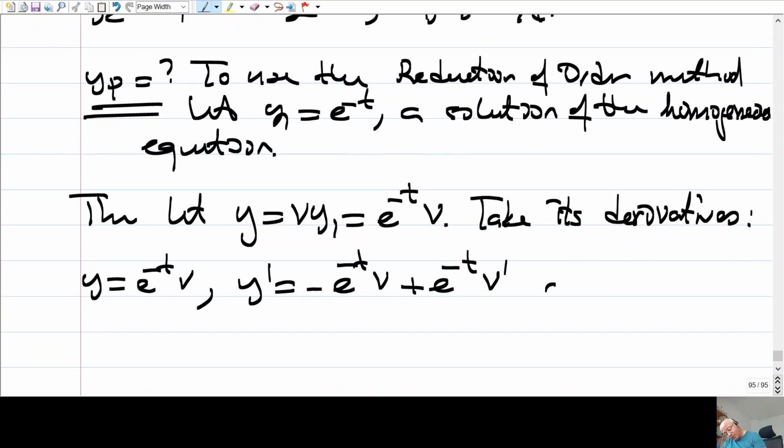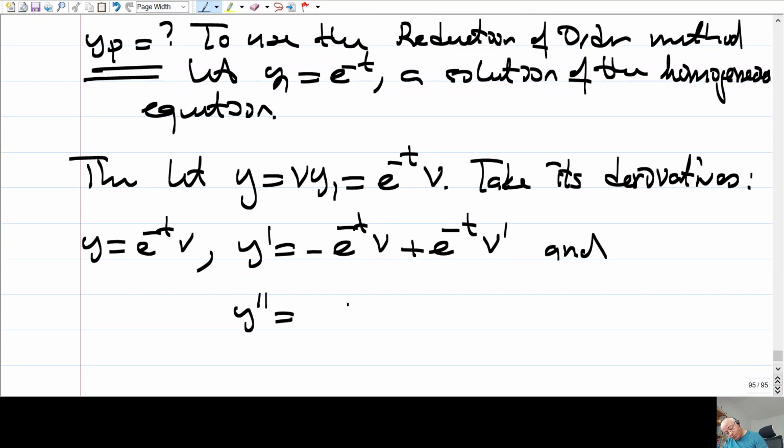And the second derivative: I take the derivative of this term, e to the power minus t times v, giving e to the power minus t v, minus e to the power minus t v prime, and then the derivative of the other term gives the same thing.